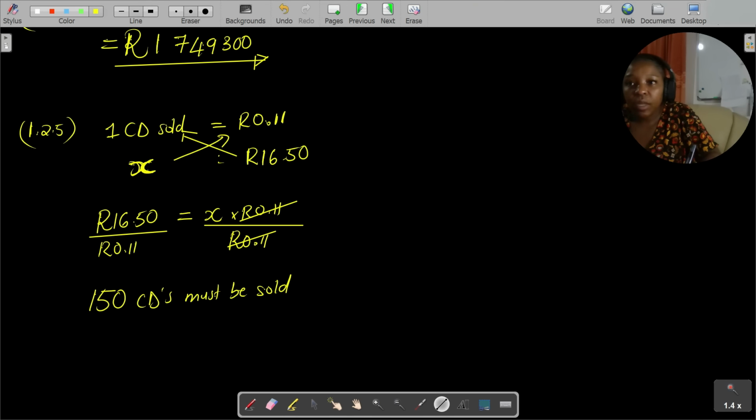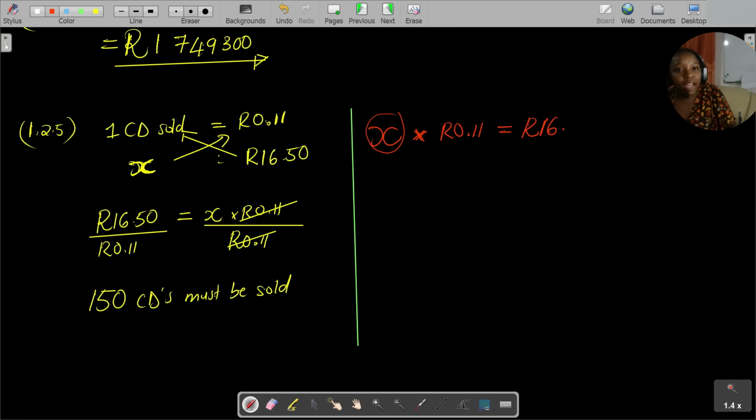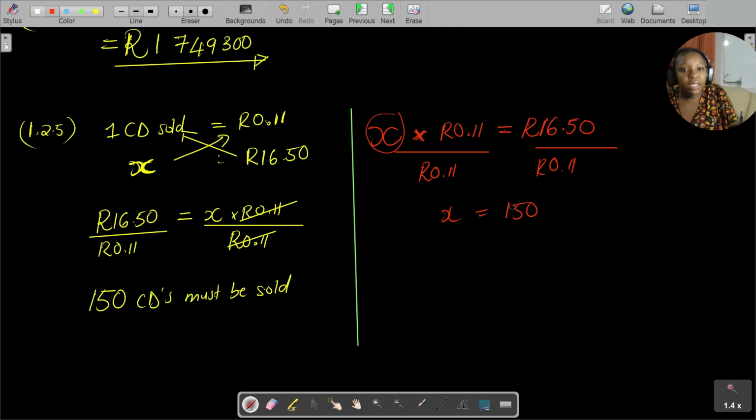Or you can look at it this way: how many CDs, x, multiplied by the 0.11 he makes from the sale of one CD, must be sold for the writer to get 16 rand 50? Again, divide by 0.11, and you still get 150 CDs.